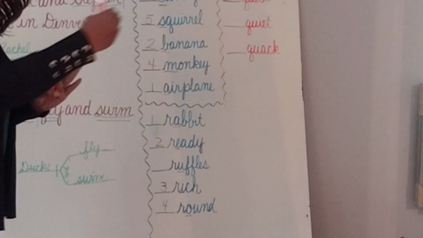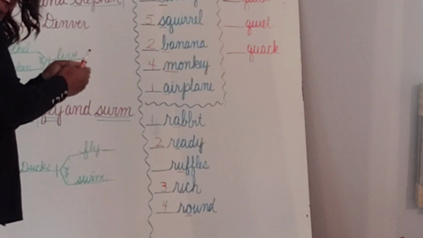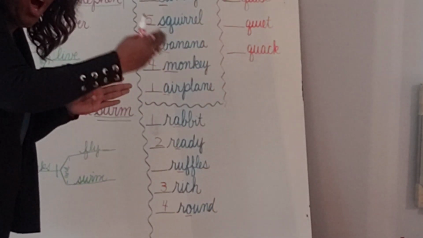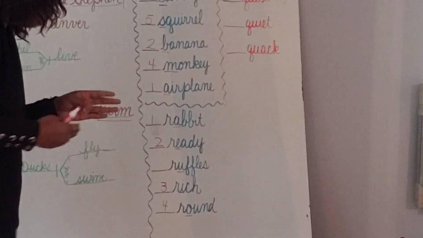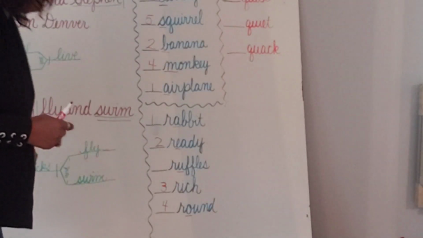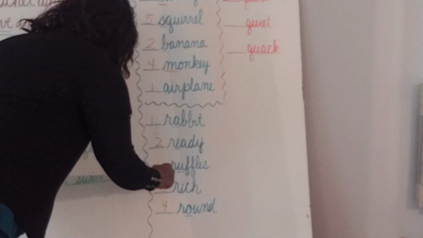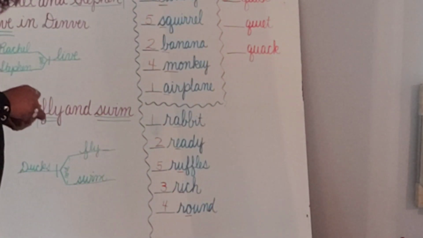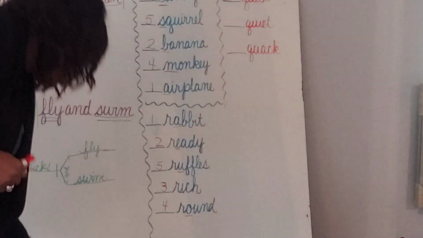So I would look farther. I wouldn't look in the RA section for the word round. I'm going to go to the RO section, okay? And then we have ruffles. We know that U is at the end of our alphabet, and that's going to be the last word that we would use.